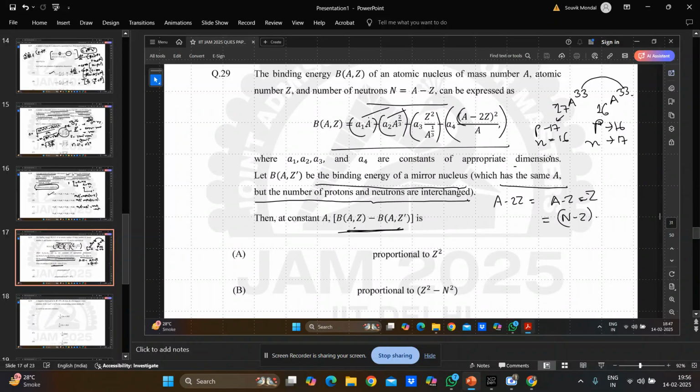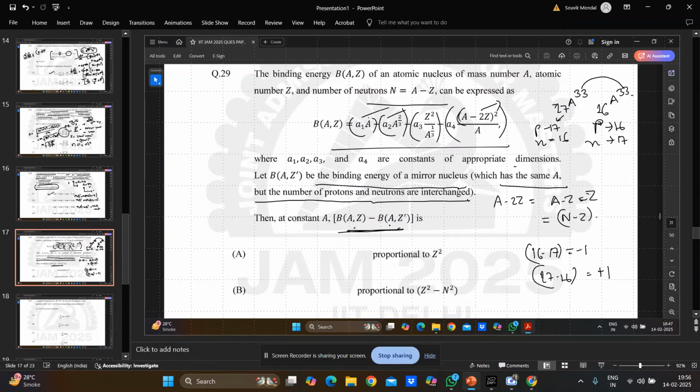Now take this example. In the first case, N minus Z will be 16 minus 17, which is equal to minus 1. In the second case, N minus Z will be 17 minus 16, which is equal to plus 1. But you are taking the square of this, so both of them will be plus 1. So if you take the difference, this term contributes nothing. This term also doesn't contribute.